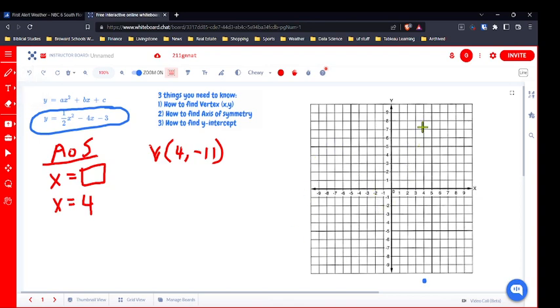I seem to be having problems with this pen tool, so I'm going to just undo that again. All right, so let's try it again. 1, 2, 3, 4. There we go. That's a little bit better. All right, so there it is. It's a line that goes right through that vertex.